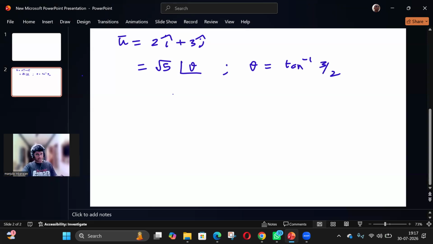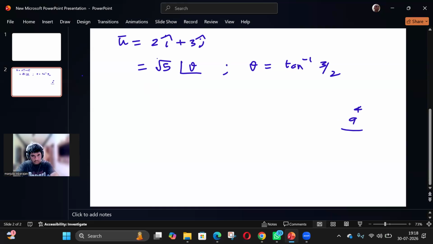Is it 2 and 3? Yes, u is 2 i cap plus 3 j cap. If it was 3, 1, 4, it would be convenient, but it doesn't matter. The 2 square is 4, and then 3 square is 9.